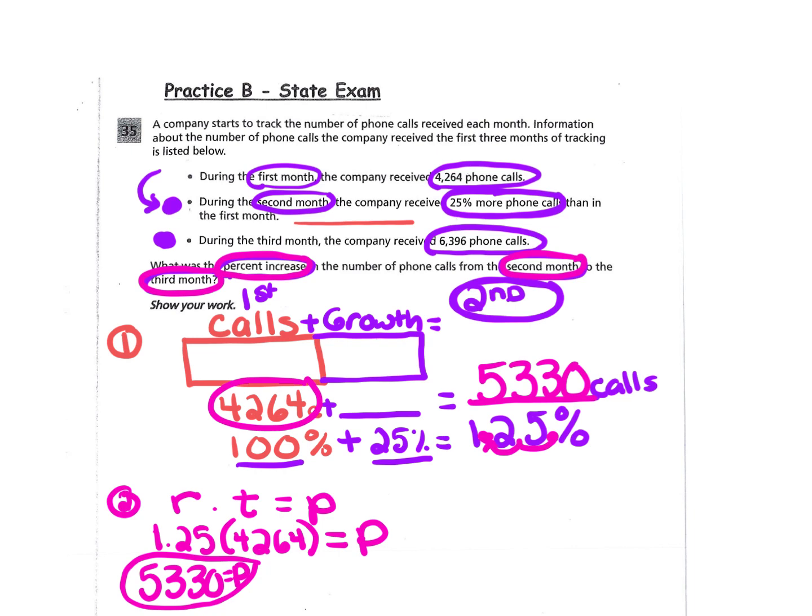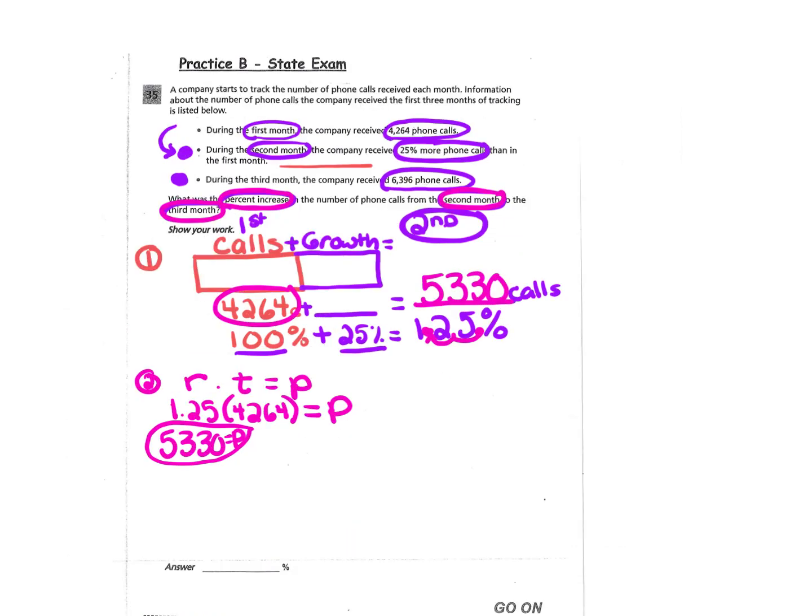We now know how many calls we received the second month. So let's continue on. Step 3. This is a percent of increase, so we're going to use the ROD formula. We know in the second month, we had 5,330 calls.